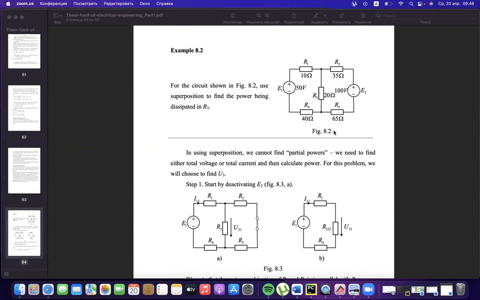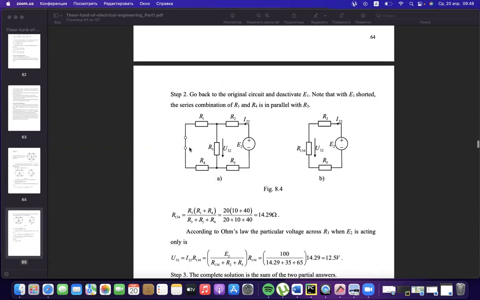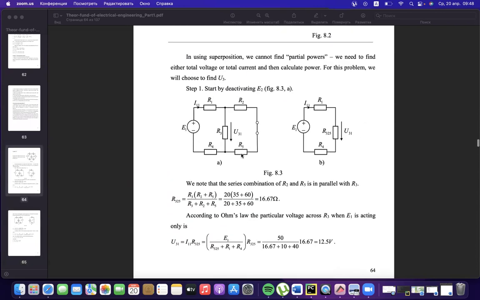First circle, when you substitute E2 by 0. The second circle, when you substitute E1 by 0. Then you obtain circle with only resistors.